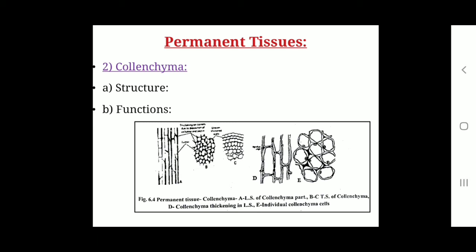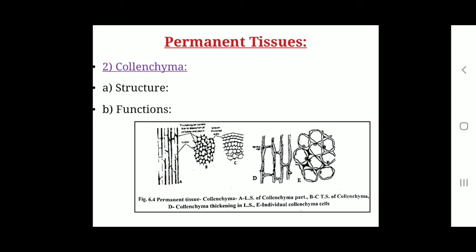Then second type, that is collenchyma. In collenchyma, first we see structure of this collenchyma. Collenchyma is a specialized type of parenchyma tissue. It has somewhat elongated cells whose walls are thickened at the corners in longitudinal strips.